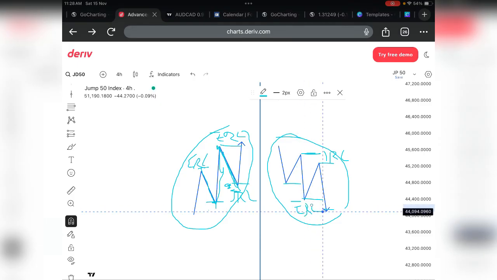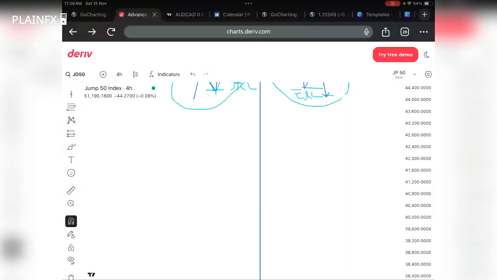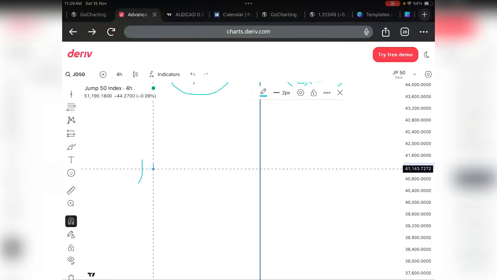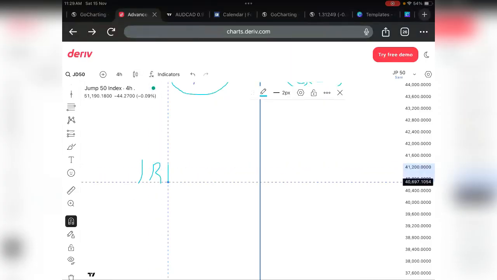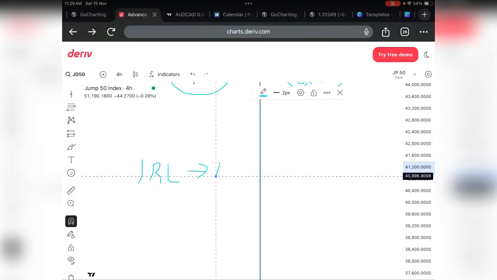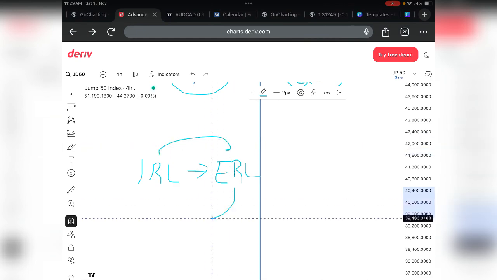I don't know if this is clear. So the market cycle is this: from internal range to external range, then from external range to what?